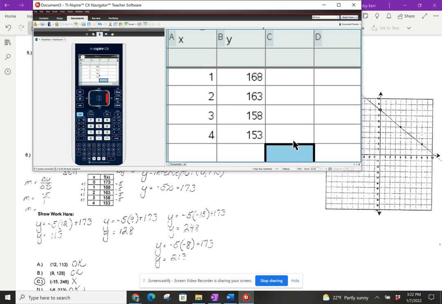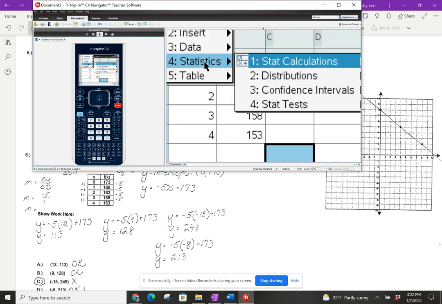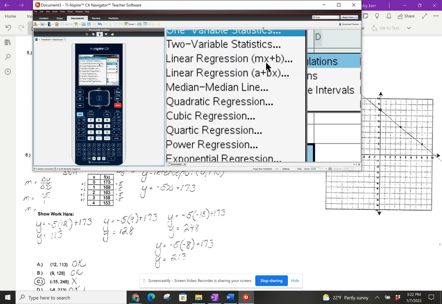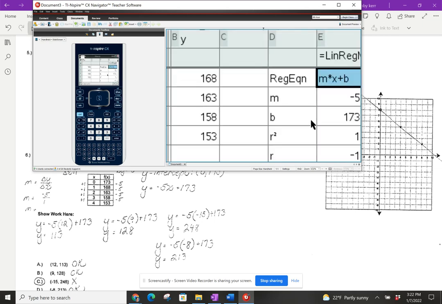Now when you enter the values, you want to have a blue rectangle and then go to menu, number 4, number 1, number 3. And then here it's going to give you your M, which is -5, and your B, which is positive 173.